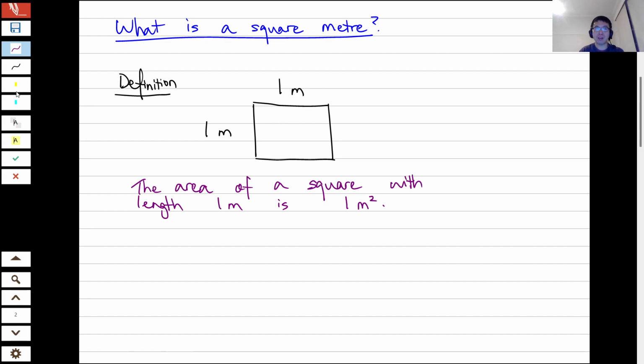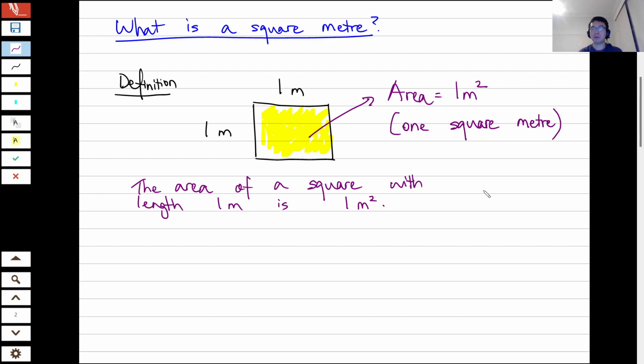So this area inside the square, this area is 1 meters squared, or 1 square meter. It's literally a square formed by sides of 1 meter.